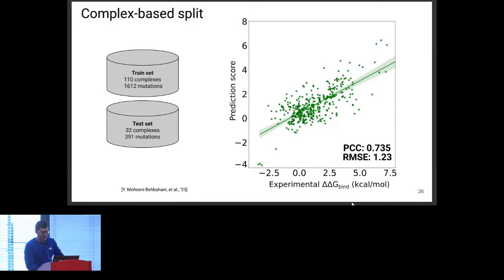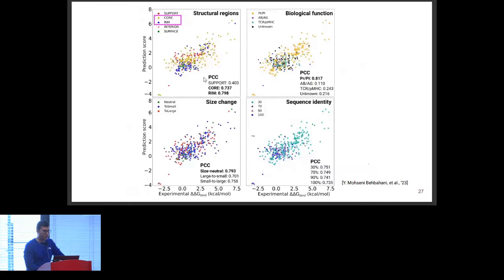This is exactly the same plot, but the samples, the mutations, are colored based on different properties, such as the structural region of the mutation, biological function of the complex, change in size between the wild type and mutant residue, and sequence identity between the complexes in the test set and the train set.